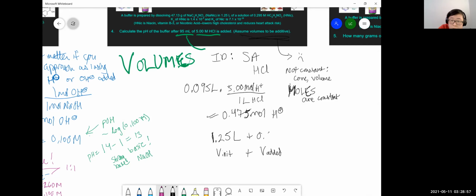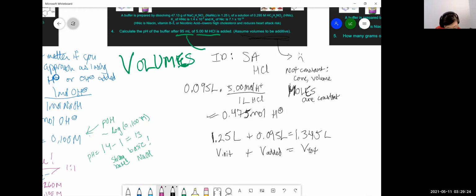So we add 0.095 liters. I'm sorry, I don't know why I wrote that. 1.25 plus 0.095 is 1.345 liters V total. So we're doing a volume balance essentially here.